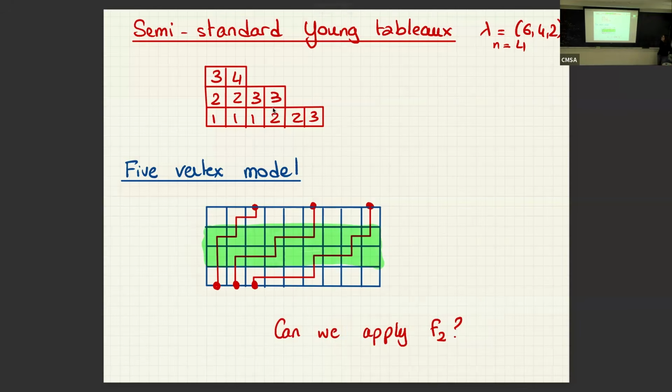Now I'm asking you, can I apply f_2 to the semi-standard Young tableau? You can apply f_i by looking at the entries i and i+1 in the tableau. On the five-vertex model, I need to look only at the two rows labeled x_i and x_{i+1}.